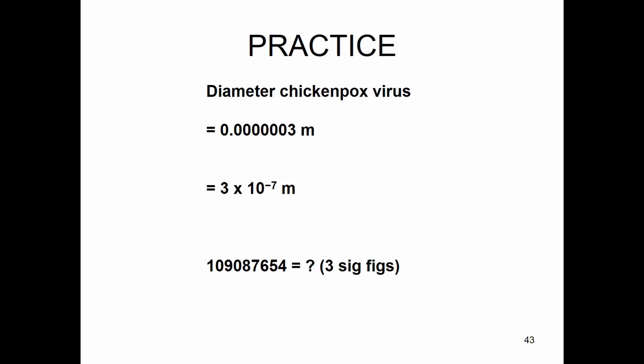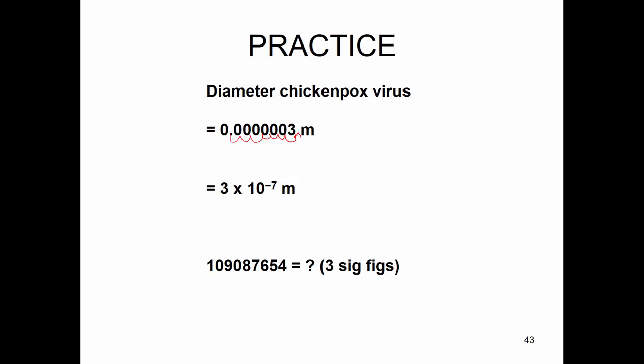All right, the diameter of a chickenpox virus is 0.000003 meters. Not sure if I said all the zeros or not. We want to move the decimal place to give us a number between 1 and 10 and put it in scientific notation. So we're going to go 1, 2, 3, 4, 5, 6, 7. So we have 3 times 10 to the negative 7.